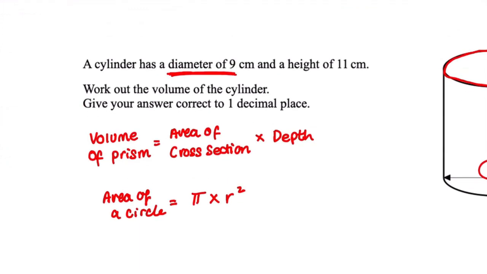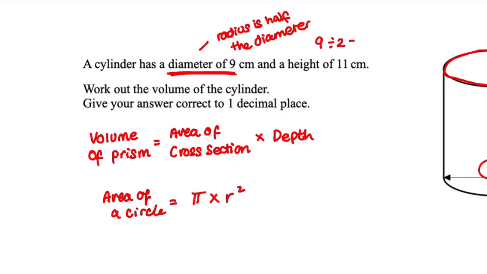We want the radius. And the radius is half of the diameter. So over here, we're going to do 9 divided by 2 to work out what the radius is. And 9 divided by 2 gives you 4.5 centimeters. So the radius is 4.5 centimeters.